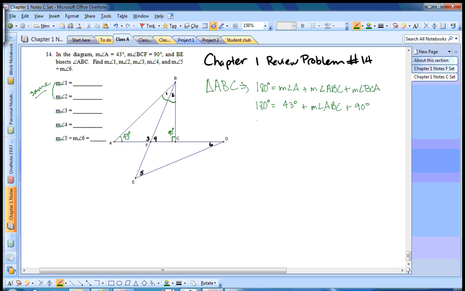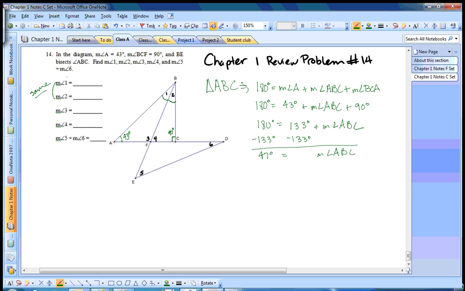Okay. So let's see, 180 is equal to 43 plus 90, which is 133 degrees, plus the unknown. To get rid of the 133, I'm going to subtract on both sides to get the measure of ABC equals 47 degrees.